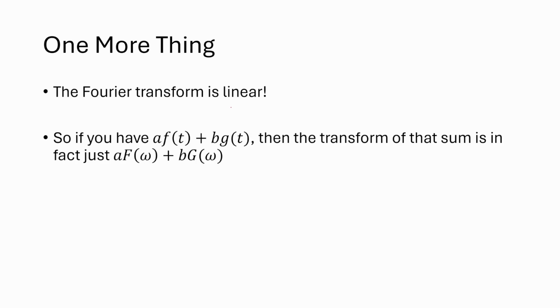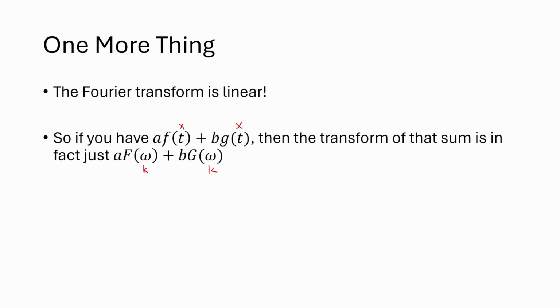I have a couple very quick notes before I wrap this up. I want to point out that when you're trying to do problems with this, you can take advantage of the fact that this is a linear transformation. That means that if I have the sum of two functions, then, oh dear, spoiler for next time. Next time we're talking about time, but you could just imagine x, k, k here.